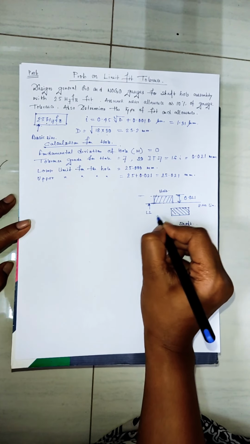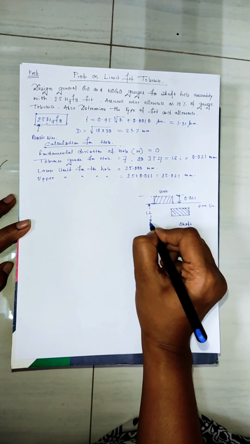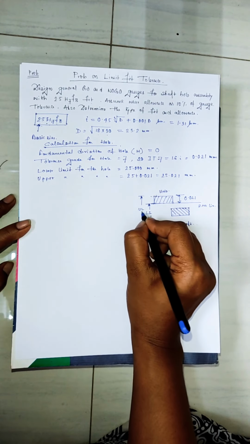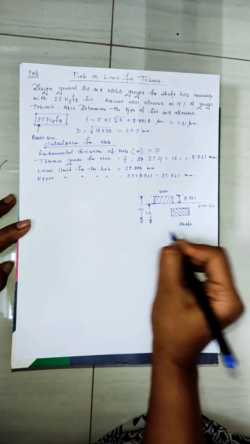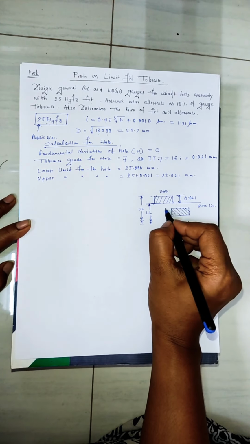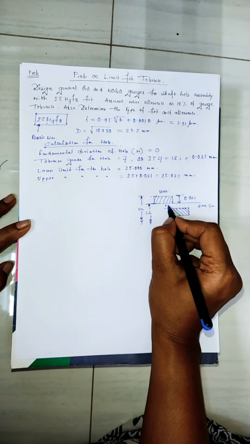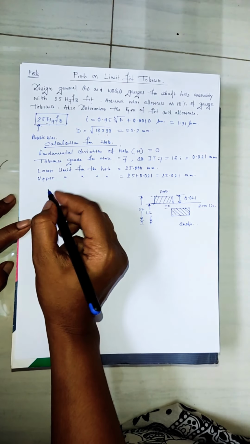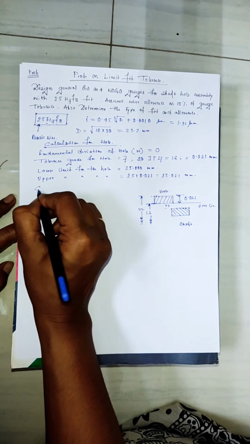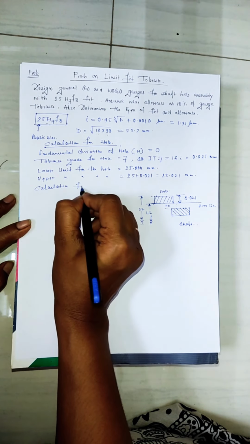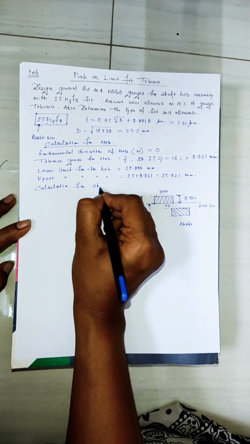So lower limit for the hole, and this is upper limit for the hole. So this value is a fundamental deviation for the shaft. Then next we calculate for the shaft.